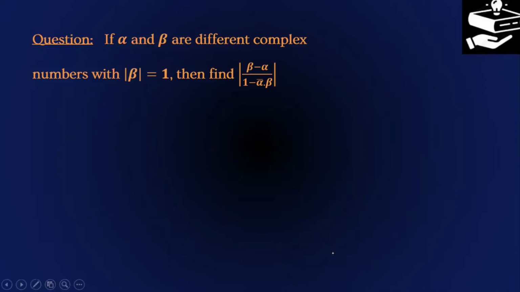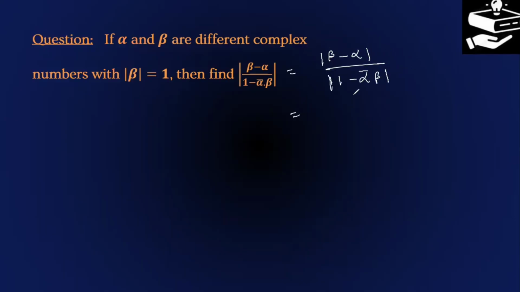We know that modulus gets distributed, right? So mod of (beta minus alpha) over (1 minus alpha bar beta), we can write as mod of (beta minus alpha) over mod of (1 minus alpha bar beta). Clear?